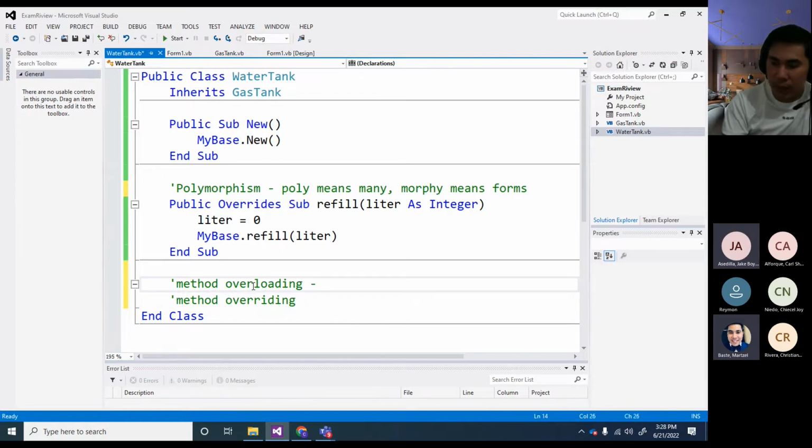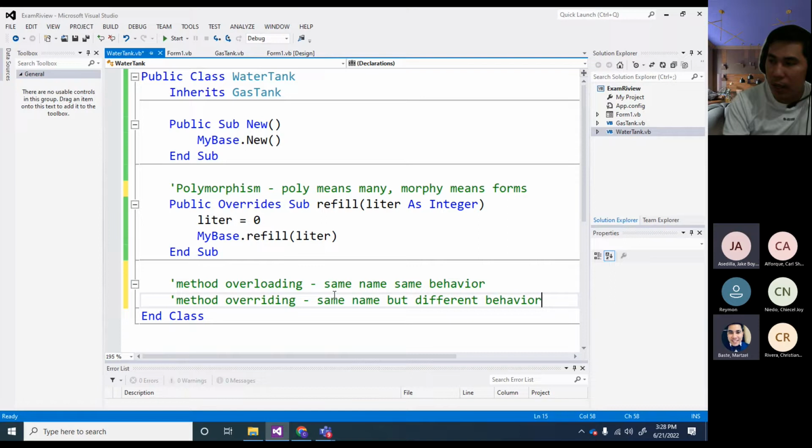So overloading, same name, same behavior. Okay? Same name but different behaviors. So overriding, oh wait, reversed. Sorry.